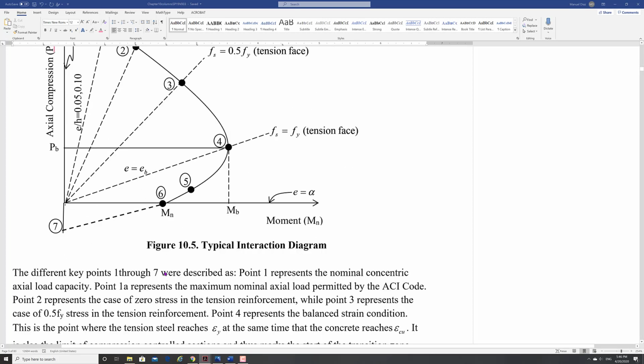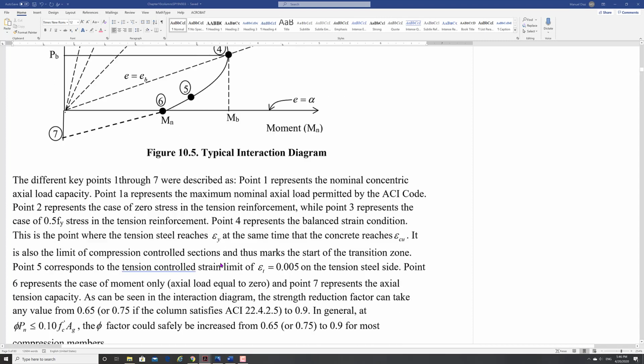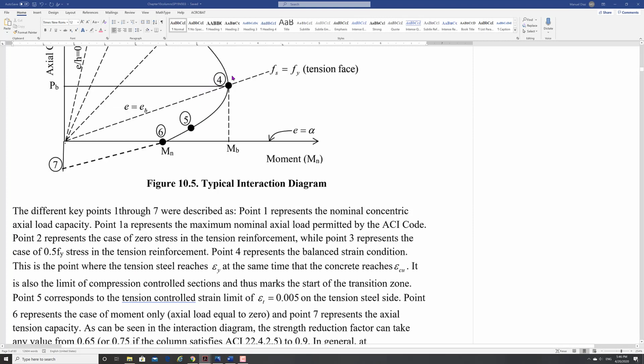So that's what the limits are in terms of deciding the 0.80 and the 0.85. And we went through all these different points. Remember that at some point, your phi factor starts being 0.9, then there is a transition, and then your factor is 0.65.